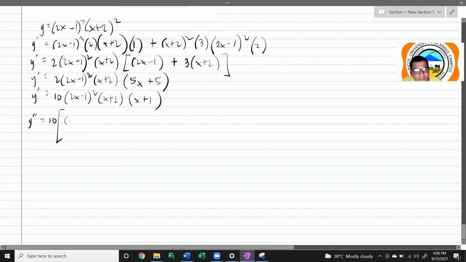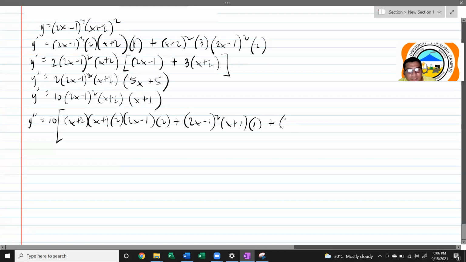Let's copy first the second and third: (x plus 2)(x plus 1), times 2 times (2x minus 1) times 2, plus, now for the second, we have (2x minus 1) squared, (x plus 1), and 1. And now for the third derivative, let's copy the first and second: (2x minus 1) squared times (x plus 2) times 1.